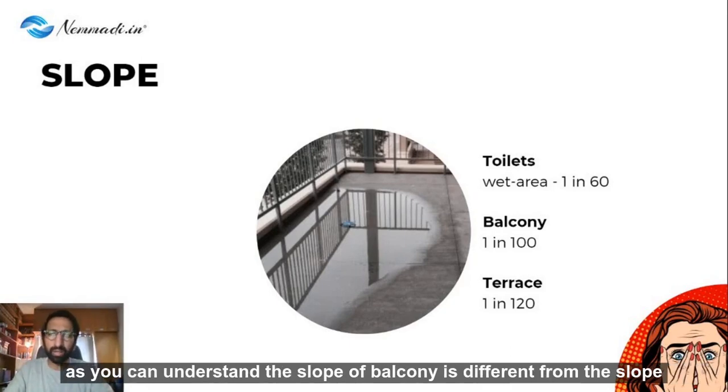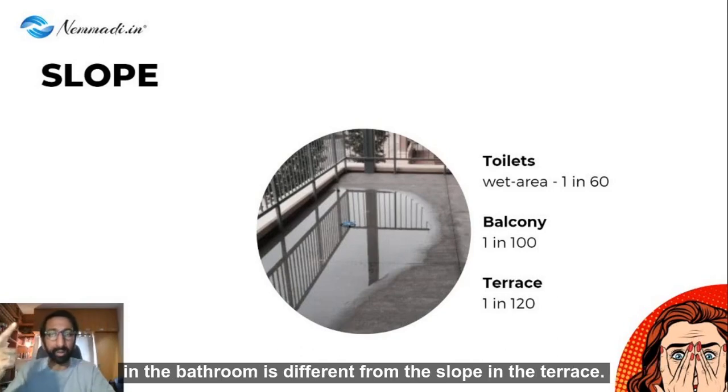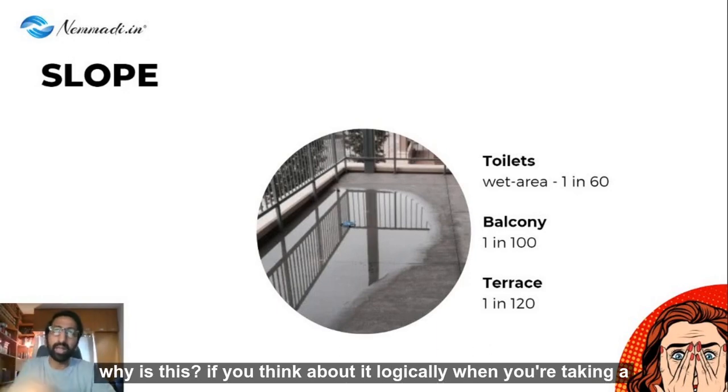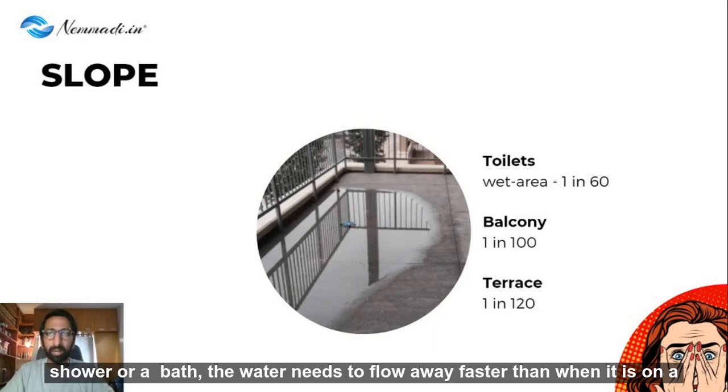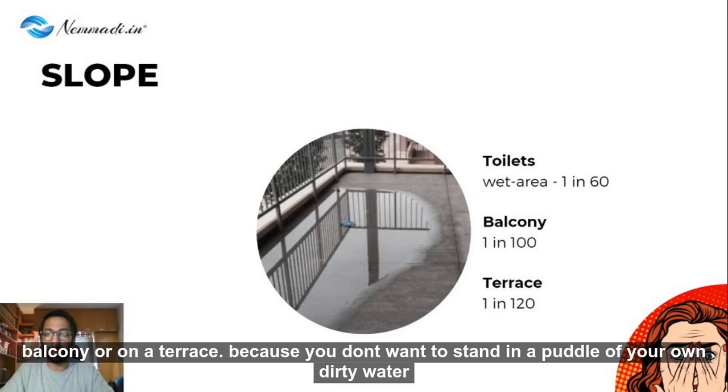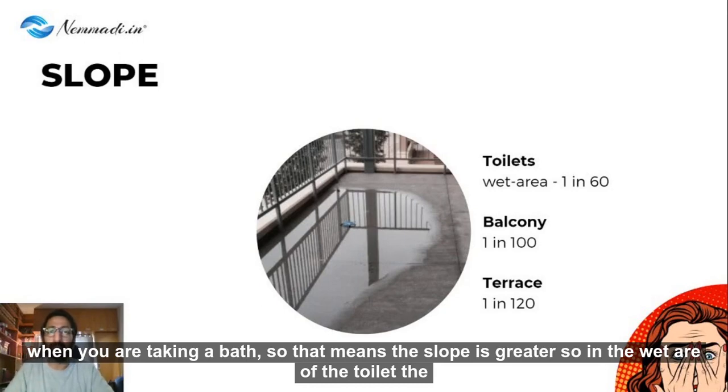And as you can understand, the slope on a balcony is different from the slope in the bathroom, is different from the slope in the terrace. Now, why is this? If you think about it logically, when you're taking a shower or you're taking a bath, the water needs to flow away faster than when it's on a balcony or on a terrace, because you don't want to stand in the puddle of your own water when you're taking a bath. So that means the slope is greater.